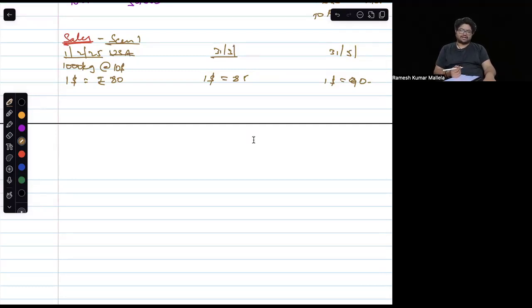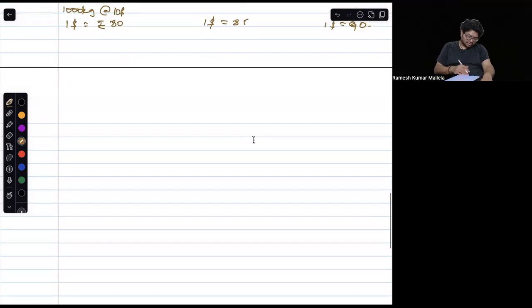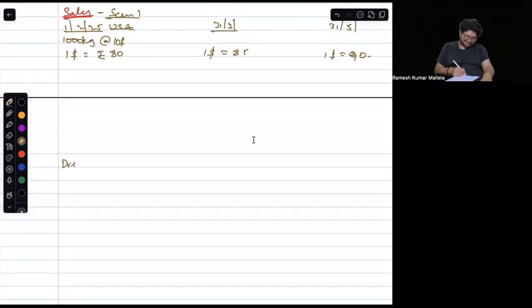Are you doing a purchase or a sale now? Then tell me the entry for sales. Debtor to sales, sir. Excellent, thanks, you saved me. Debtors account debit to sales. What is the value? 8 lakhs, right? 80 into 1000 into 10.